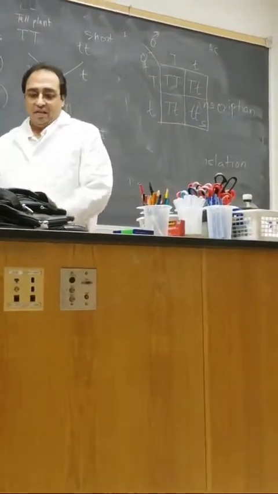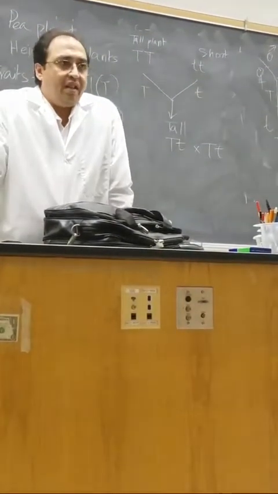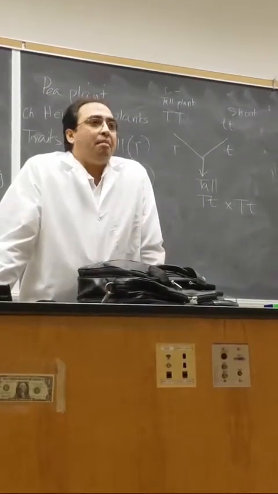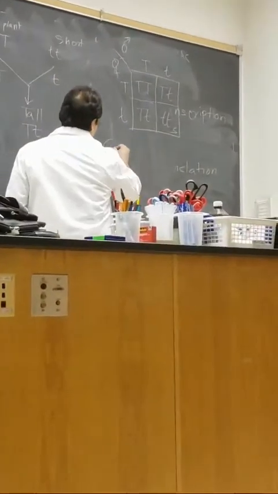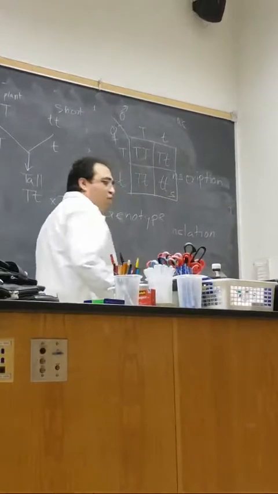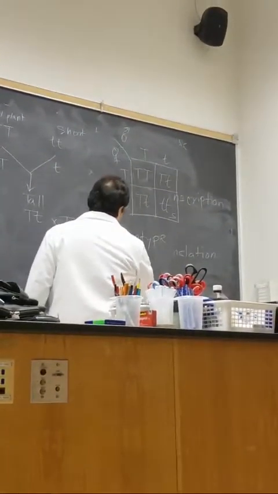Now, from this one, we are thinking about two things. One is their genetic combination, another is their outside character. Genetic combination is called genotype. The outside combination, that is the character, is called phenotype.